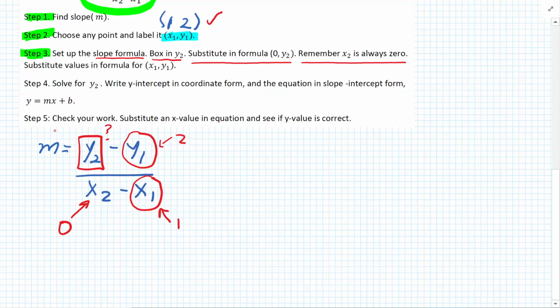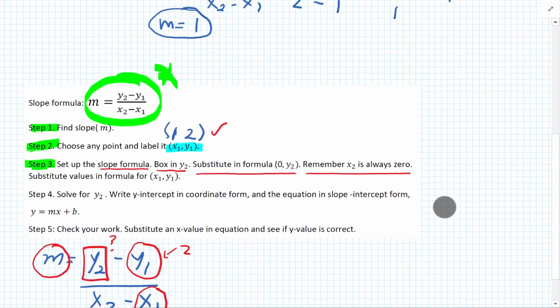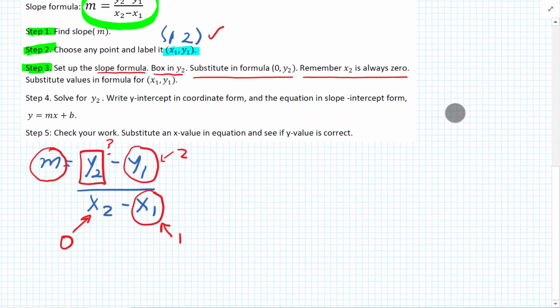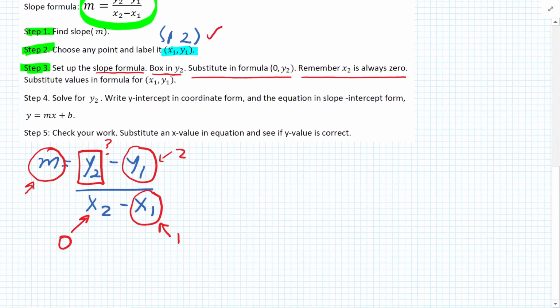And there's only one other thing that we haven't substituted in, that's the slope. And we found that to be 1. Okay. Now that we know what we're going to put in the variables, we're going to just substitute that information in.